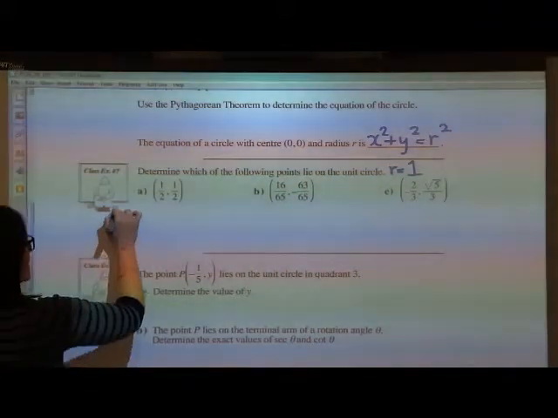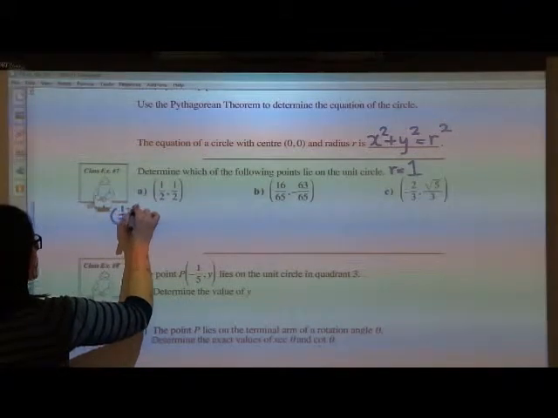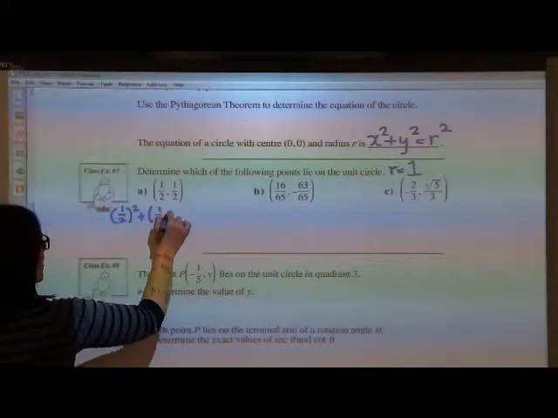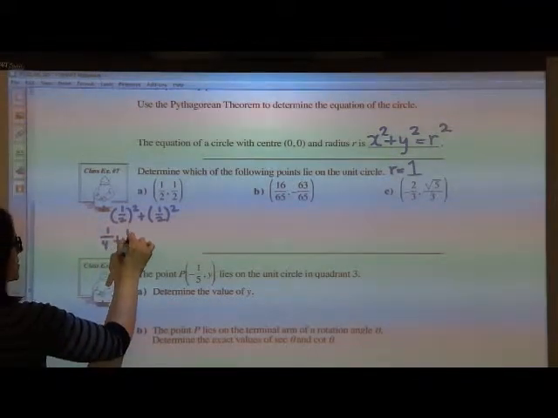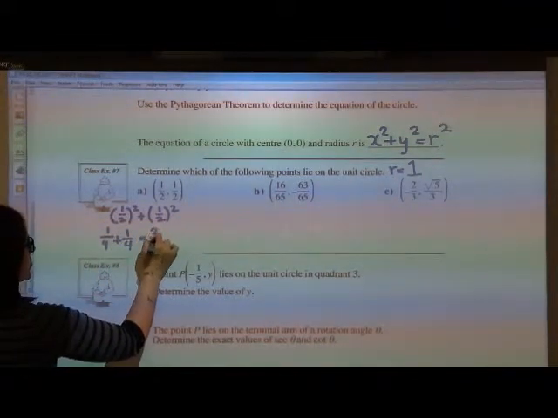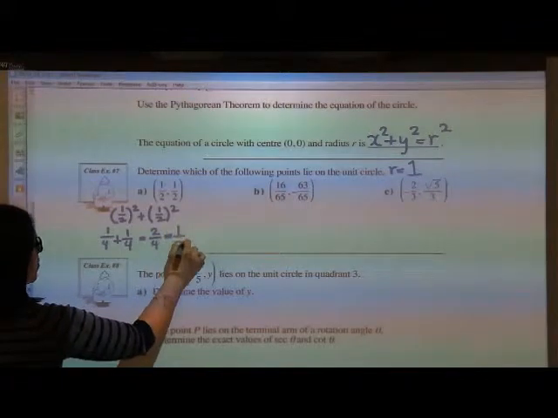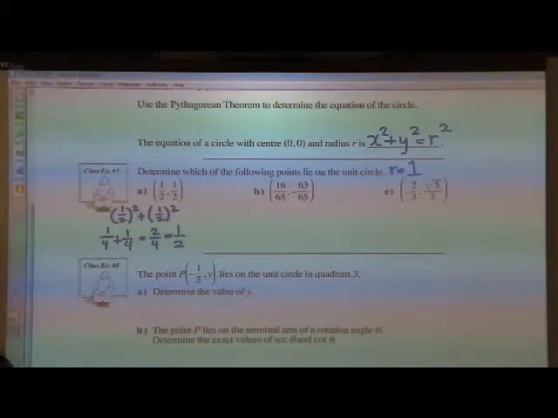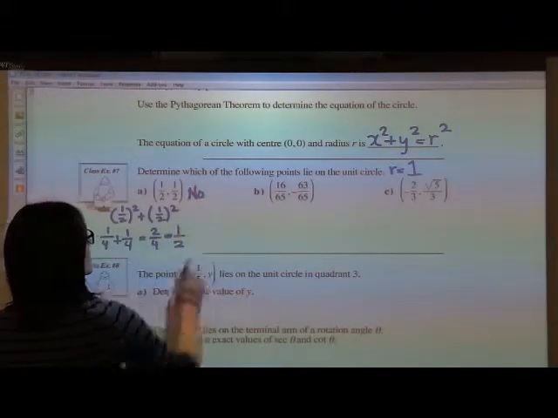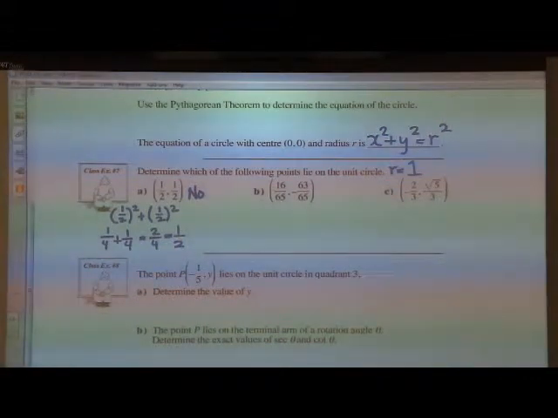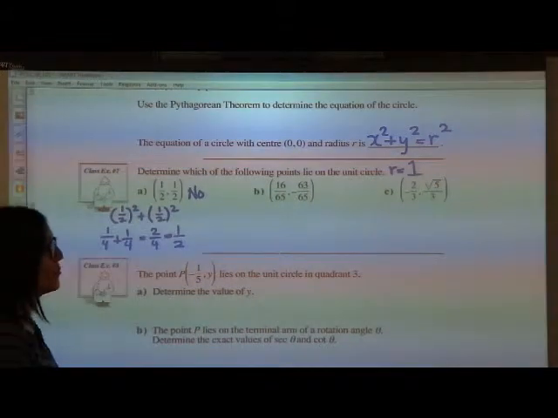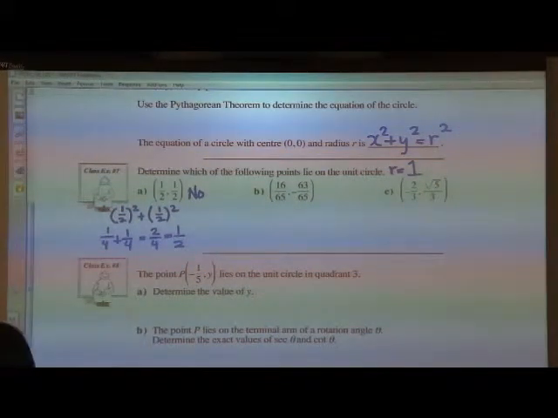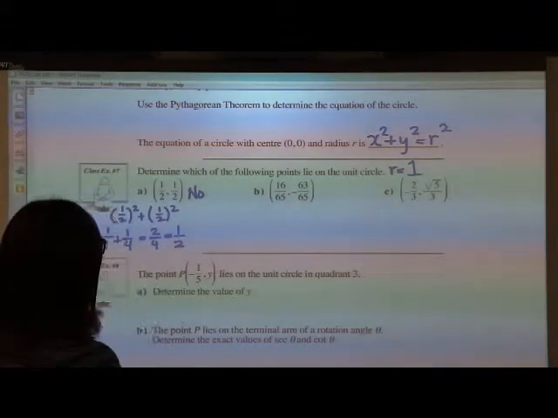So if I calculate this out, 1/2 squared plus 1/2 squared is 1/4 plus 1/4, which is 2/4 or 1/2. That's not equal to 1, so this is not on the unit circle. So take a moment, pause, and then try to do B, and then when you're ready, press play to see if that one works.